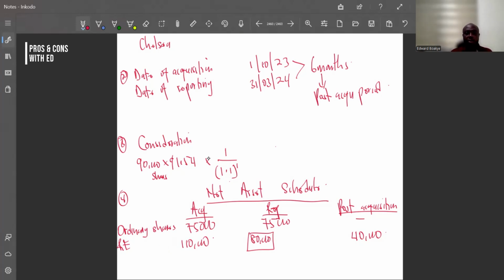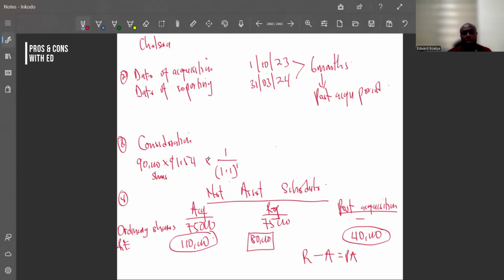Remember our scenario, we always say that it is reporting minus acquisition, which will give us the post-acquisition. So the question you ask yourself is, if post-acquisition is 40,000 and acquisition is 110,000, what will be my reporting figure?